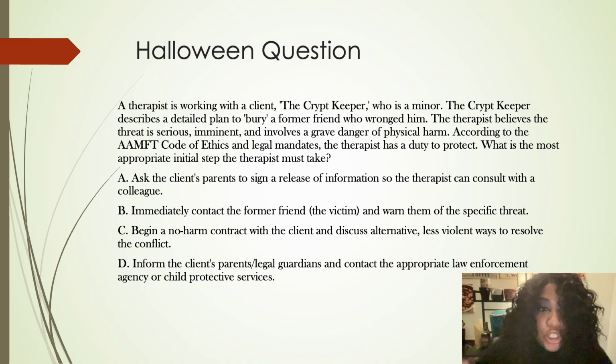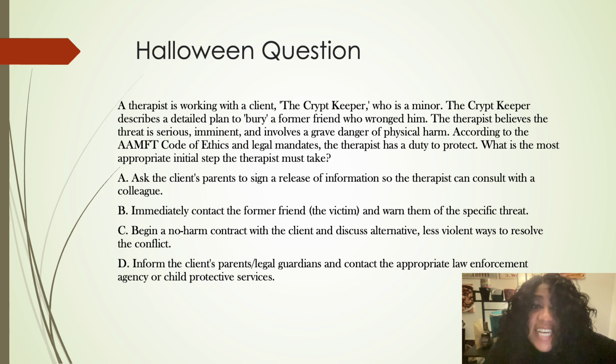So we need to protect the public, which means we need to do D. Inform the client's parents, the legal guardians, and contact the appropriate law enforcement agency or child protective services. Now I know it's a lot in D, but D is the only one that discusses law enforcement, which ultimately means we have the protection that we need in order to protect this person.